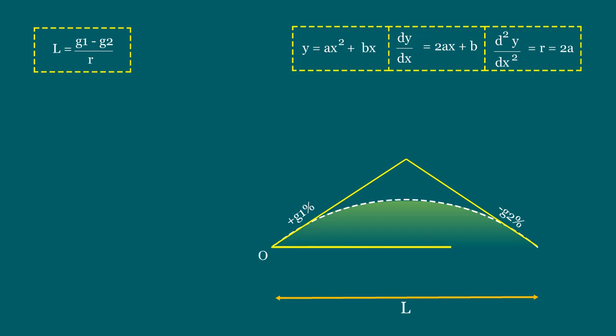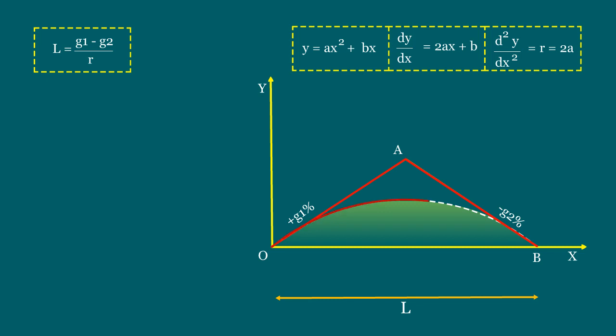In this sketch, OX and OY are the axes of the rectangular coordinates, passing through the beginning of the vertical curve, O. And OA is a tangent line, having the grade of plus G1% of slope. And AB is the tangent line, having the grade of minus G2% of slope. And OB is the vertical curve, produced by the method of parabola.